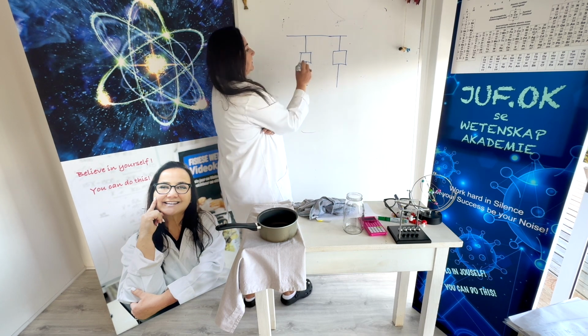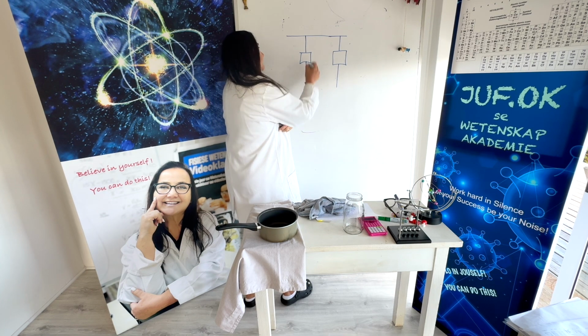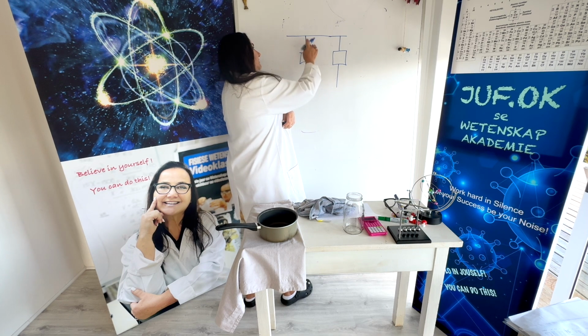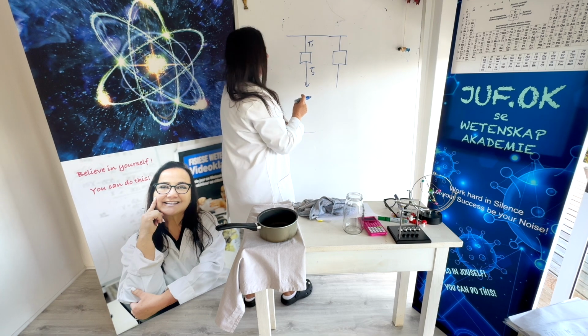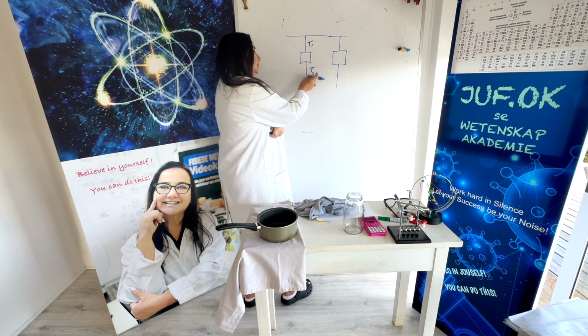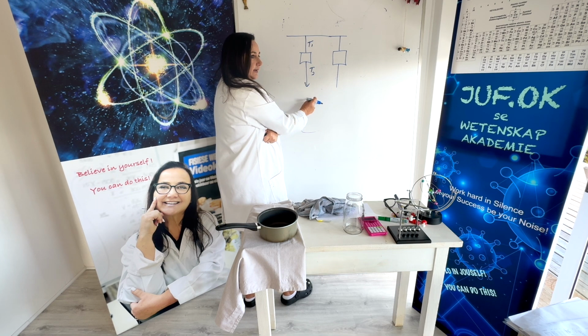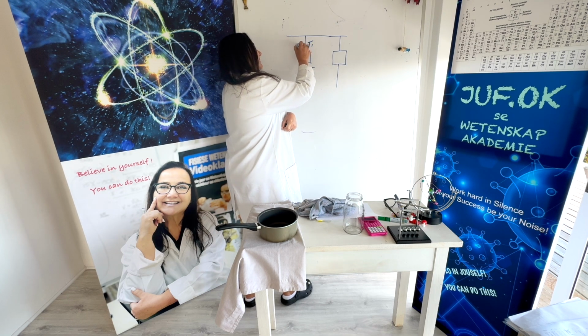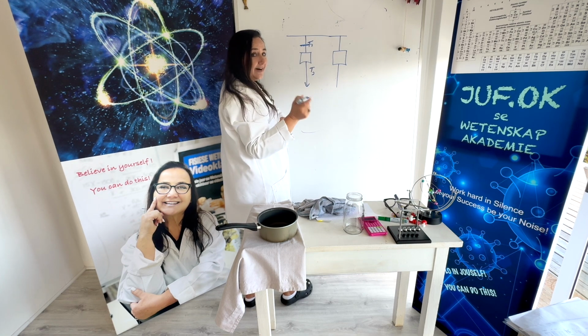Alright, let's call this T1, the tension in the cable on the top, and T2, the tension in the cable at the bottom. Now let's say you start pulling on this rope here, but you pull slowly. Which one is going to break first, T1 or T2? You pull slowly. Yes, you're going to break T1 first. Why?